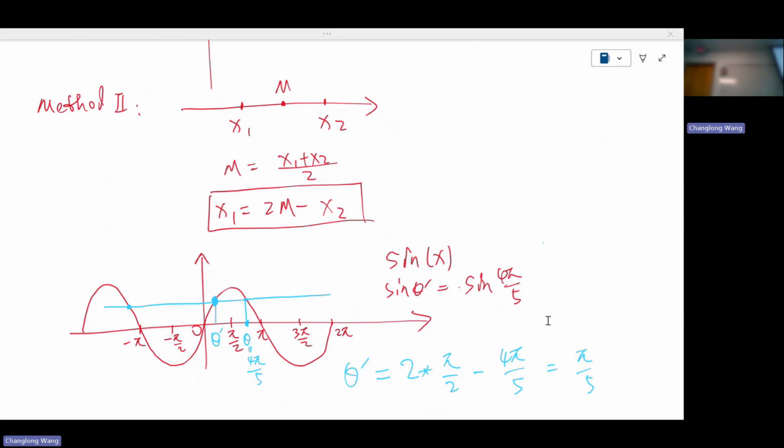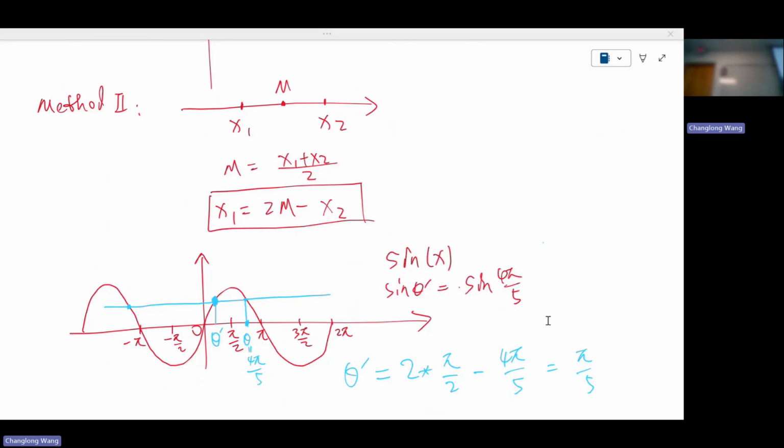What I want is another angle, which is going to be a point on the number line that has the exact same function value as the sine of 4 pi over 5. But what is the function value of 4 pi over 5? You go up there, find the curve, and that's how much the function value is. I don't really care how much the sine of 4 pi over 5 is.